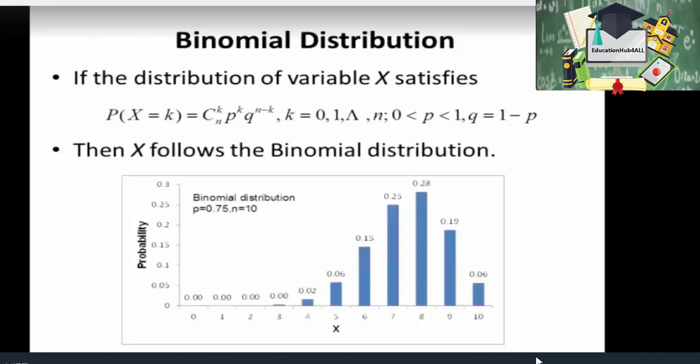So the significance level, the type 1 error, type 2 error, that's all about the probability. If we don't know how to find the probability, we don't know how to make a statistical inference.